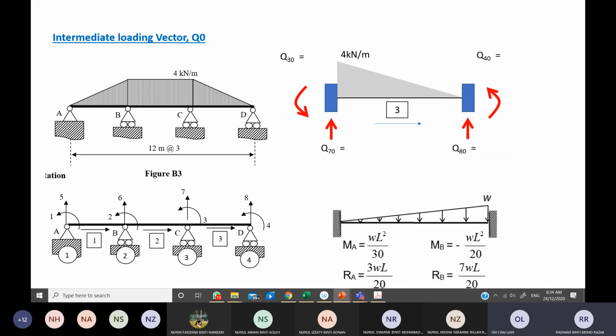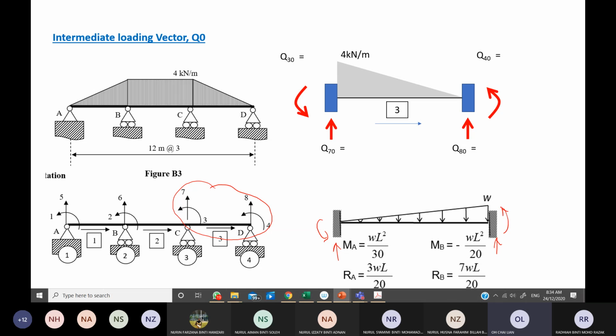So this is how you draw your element number 3. Name your Q naught according to element number 3. But now your template has a different loading from what you have, so you need to be careful.